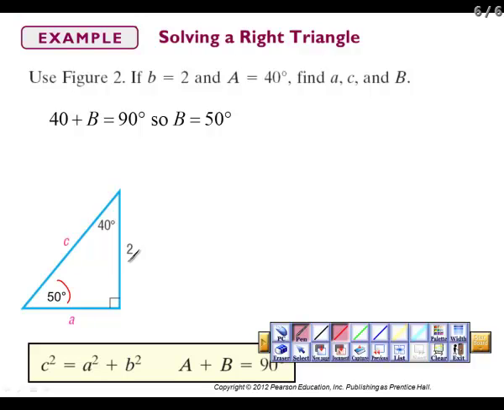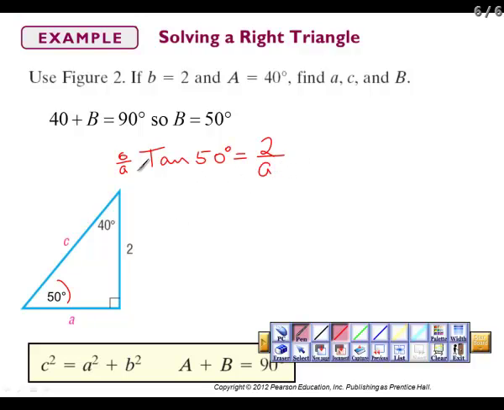And let's say that we want to find side A. So we can say tangent of 50 degrees. Well, we know that tangent is opposite over adjacent. So the opposite side is 2. Adjacent side we don't know, so we'll just call that A.